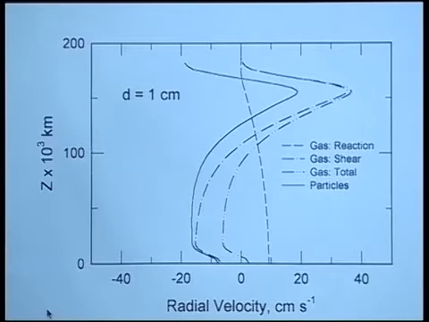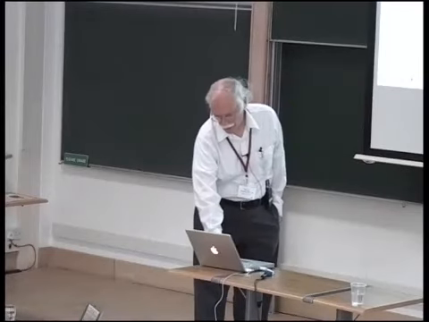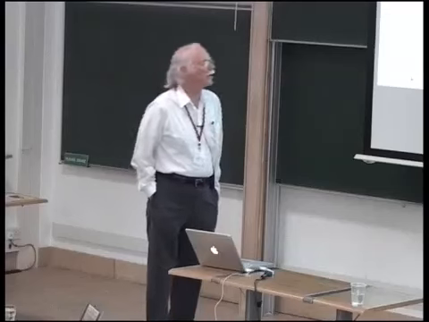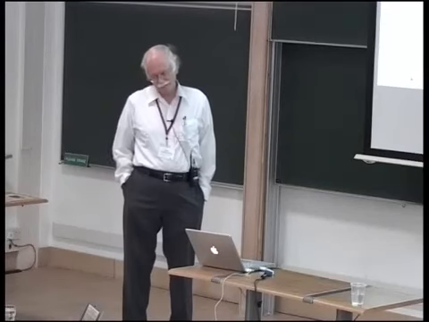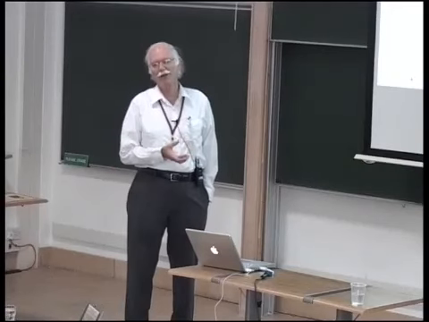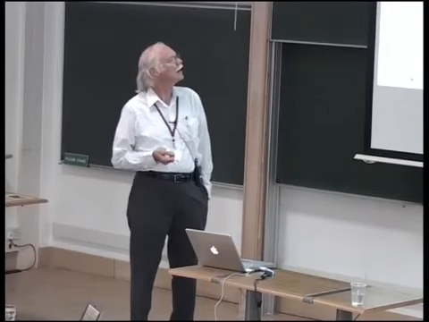And this is a general feature for centimeter size or smaller particles. Here's centimeter size, and qualitatively it looks the same. The scales are different and the velocities are larger, but the general structure of the layer is similar. When we get to decimeter size, the Ekman length is a larger fraction of the thickness of the layer, and it begins to distort the velocity contours.